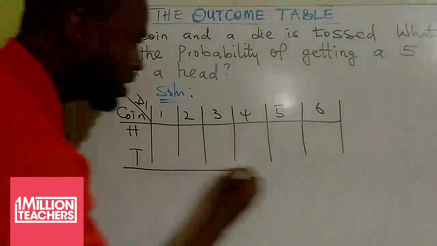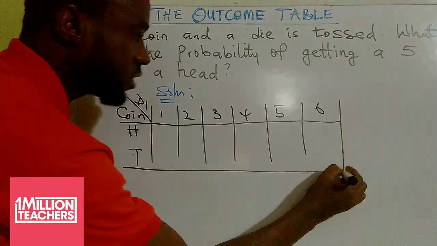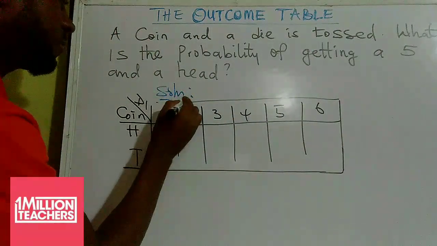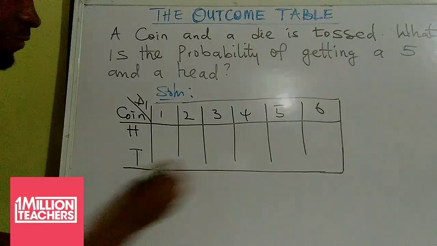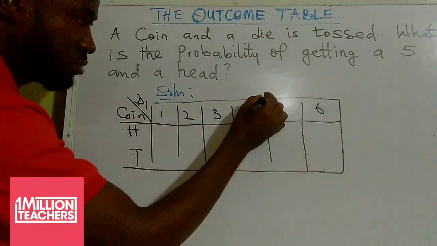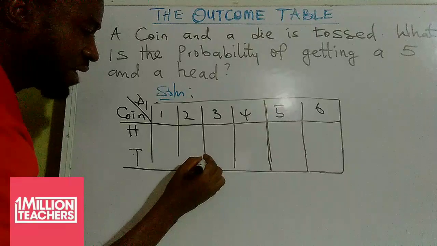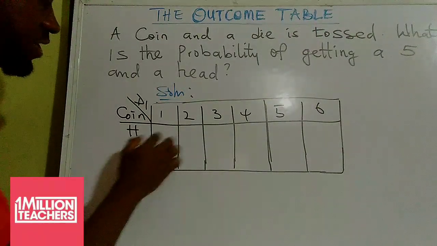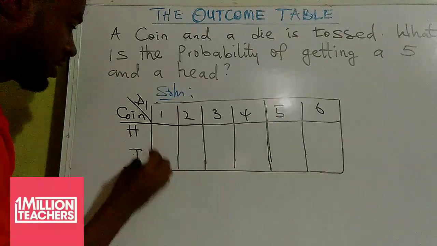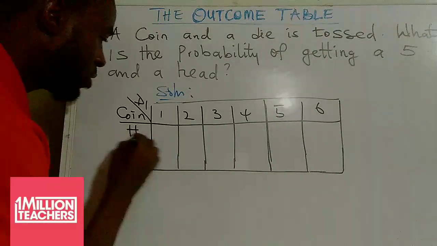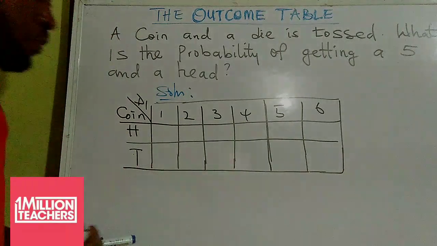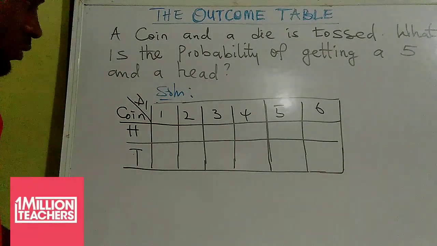Now we have just plotted the first part of the outcome table. Now we are going to fill inside here, and that is what the outcome is all about. Inside here will tell us the outcome. So now let's go.